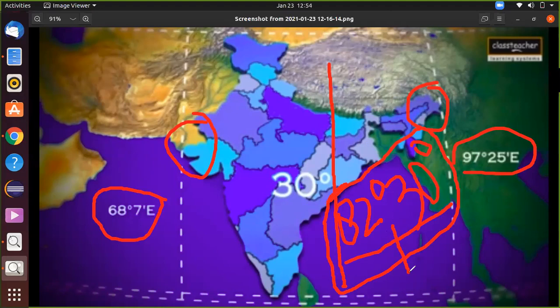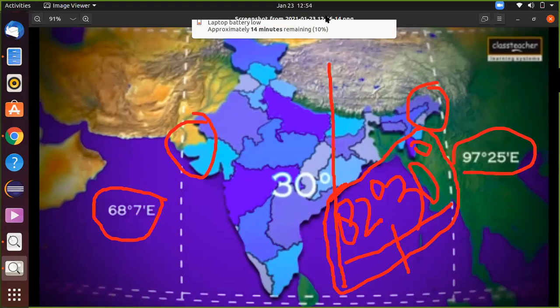At the world level, time is measured with reference to Greenwich Mean Time. Greenwich Mean Time is at 0 degree longitude.